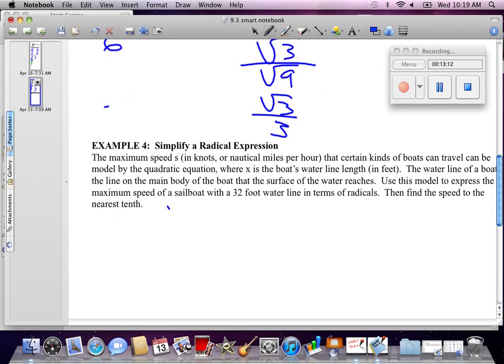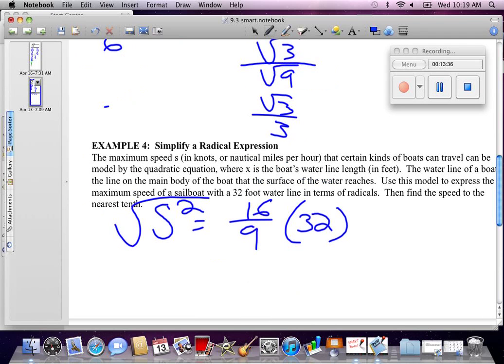So what we're dealing with is s squared equals 16 over 9 times x. X is the water line, so that's 32. If you have something squared, how do you get rid of that little 2 that's squared? What do we take? What we've been doing the whole week. Square roots.